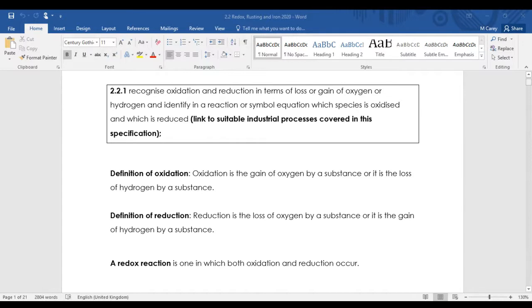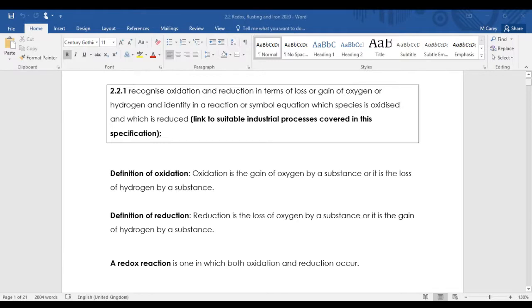Then reduction is the opposite of that. So reduction is the loss of oxygen, or it could be the gain of hydrogen. So you need to watch for that. And actually, if oxidation happens, so does reduction. So a redox reaction is one in which both oxidation and reduction occur.